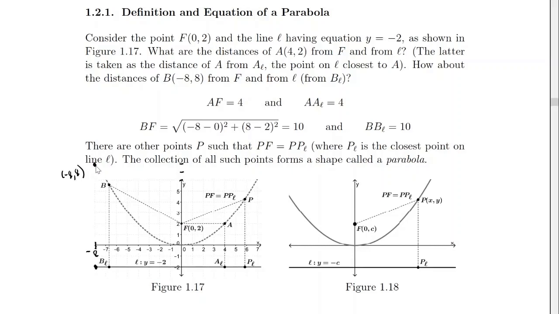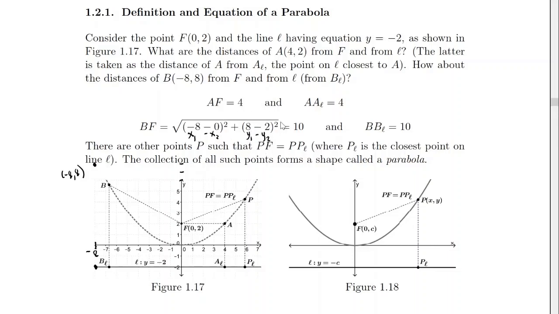So if we use the distance formula, computing the distance from B to F, we have the square root of (x1 - x2)² + (y1 - y2)².